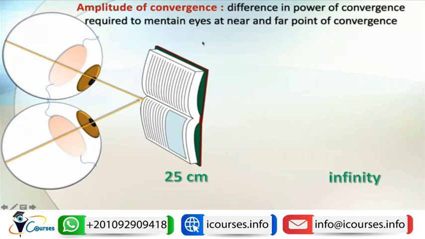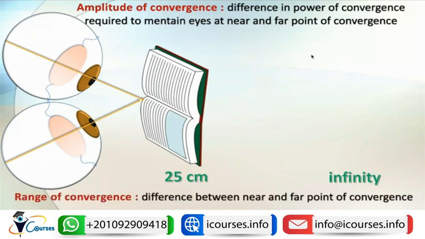So the amplitude of convergence is the difference in power of convergence required to maintain the eye at the near and far points of convergence. And as you may expect now, the range of convergence will be the distance between the near and far points of convergence. So this will be just like accommodation; just remove accommodation and put convergence, and it will be the same thing.